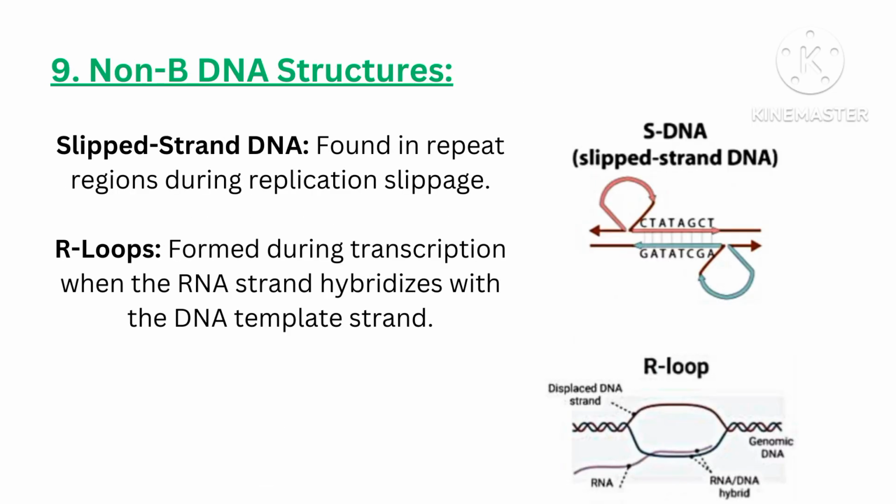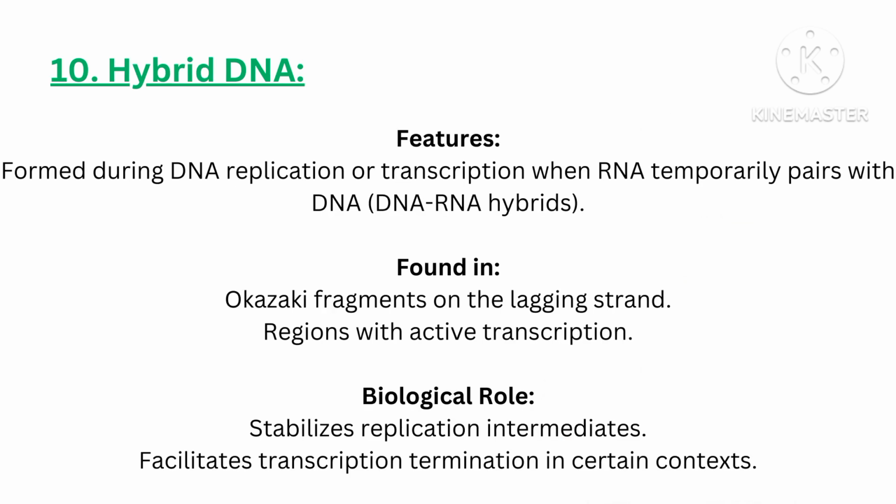9. Non-B DNA structures. Regions of the genome can adopt non-B forms, which include slipped-strand DNA, found in repeat regions during replication slippage, and R-loops, formed during transcription when the RNA strand hybridizes with the DNA template strand. 10. Hybrid DNA.